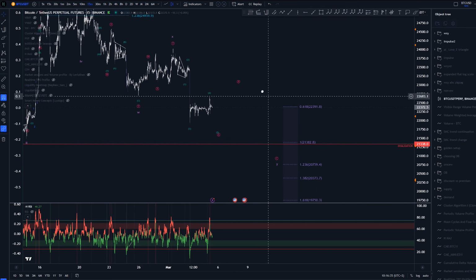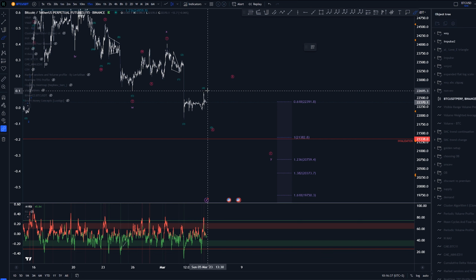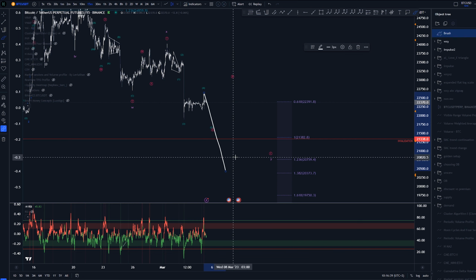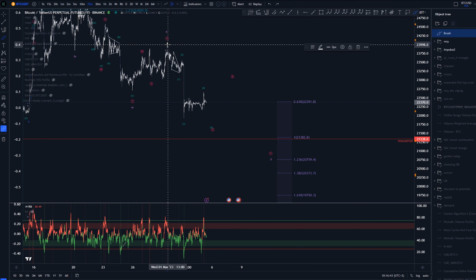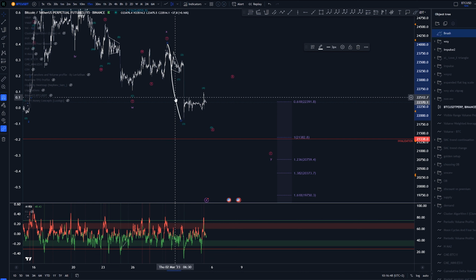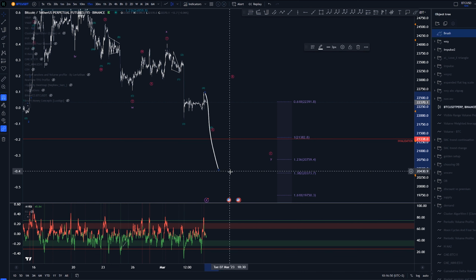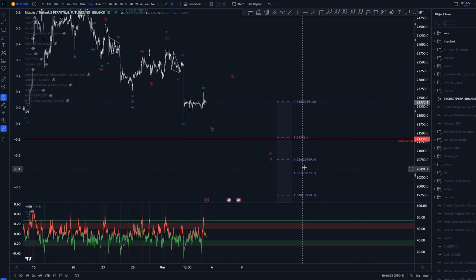So at least one more low here, and this probably should be quite large in comparison. If we have even that ABC, which is the more bullish option, we'd be looking to get a partner leg for this one. So again, we'd be looking at around 20.7k to 20.4k.